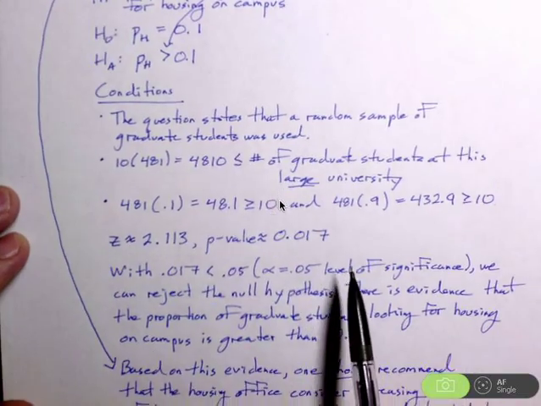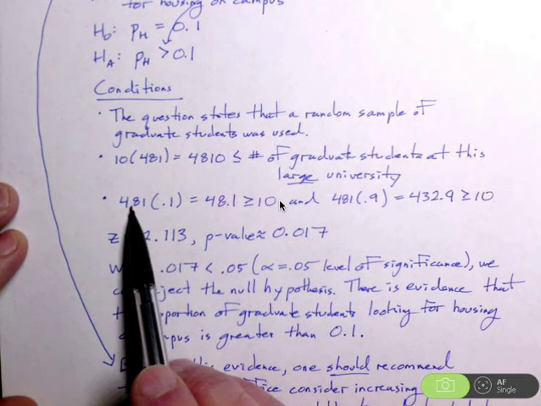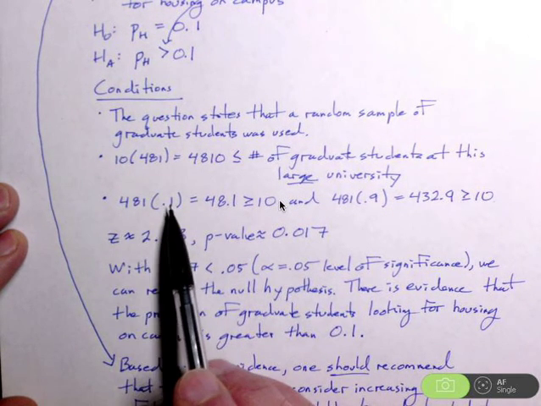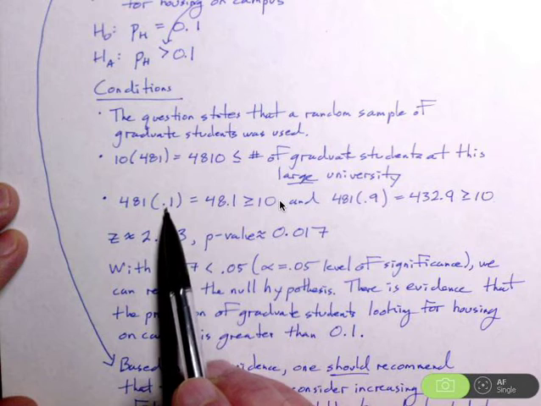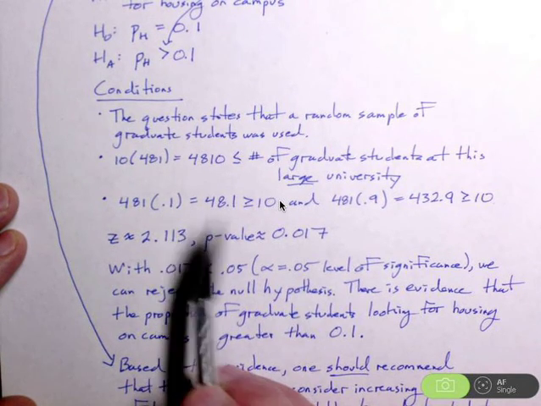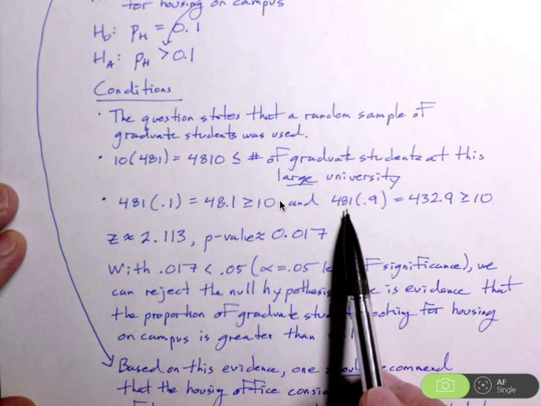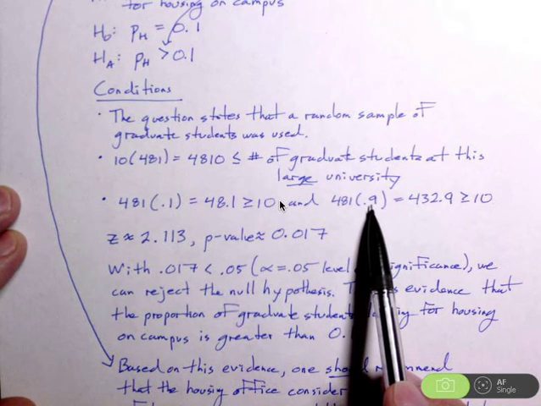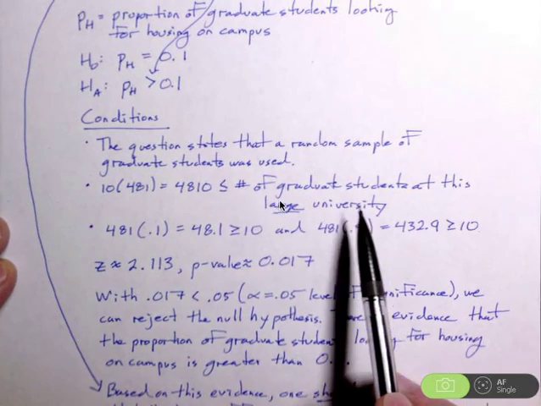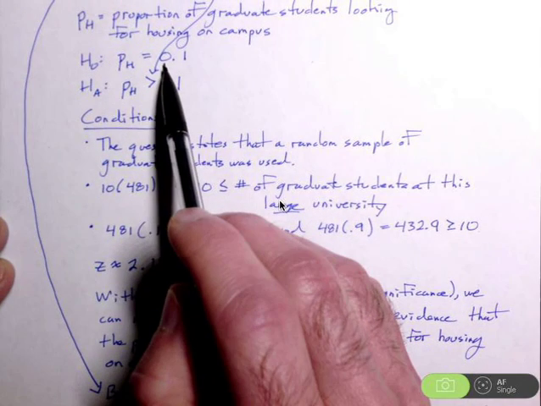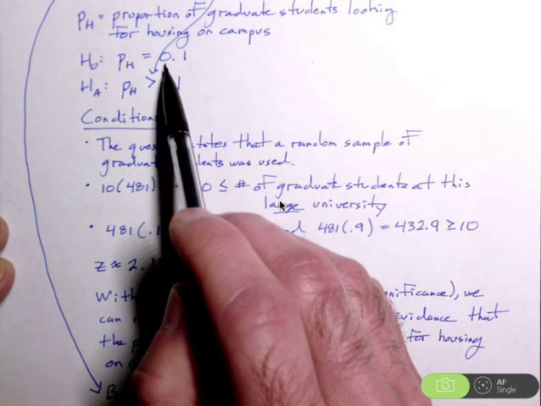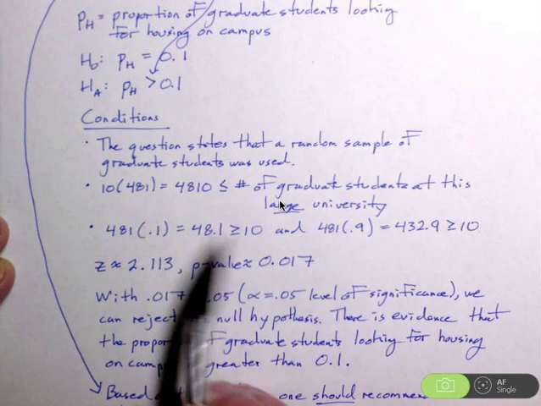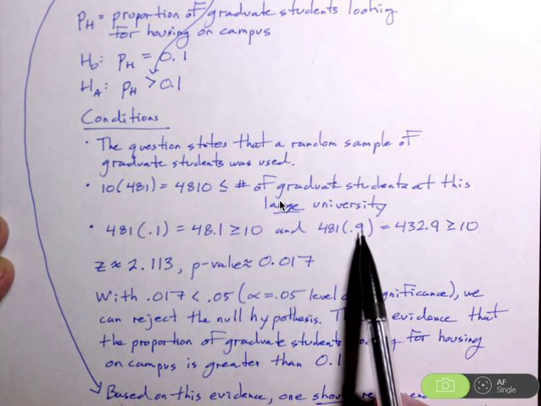So then the normality condition: 481 times your null hypothesis value of 0.1, and 481 times 1 minus the null hypothesis value, that will be 0.9. It's important here in the condition to use the null hypothesis value because remember, the p-value assumes that the null hypothesis is true. So we're using that null hypothesis value to check our normality condition.